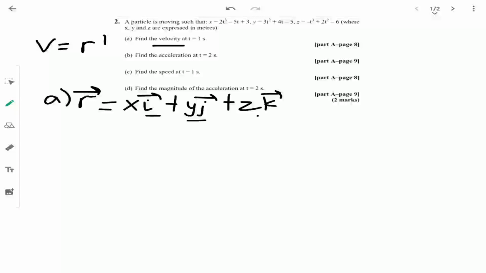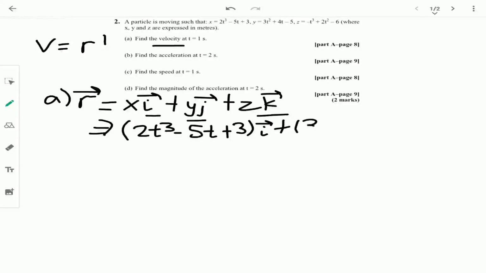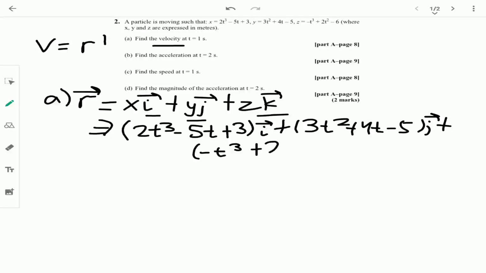So all you have to do is substitute. We get (2t cubed minus 5t plus 3)i plus (3t squared plus 4t minus 5)j plus (minus t cubed plus 2t squared minus 6)k in meters.